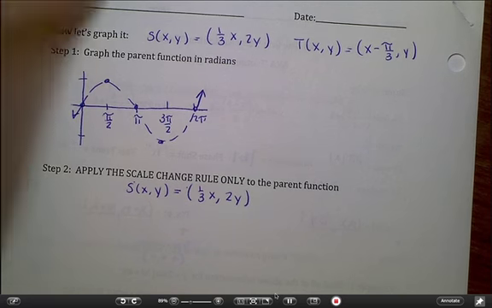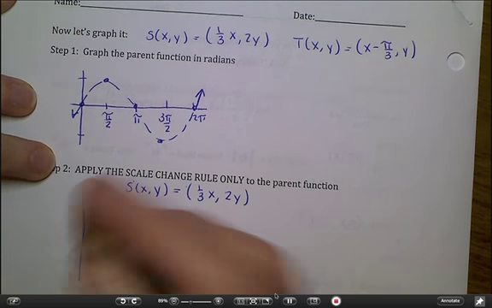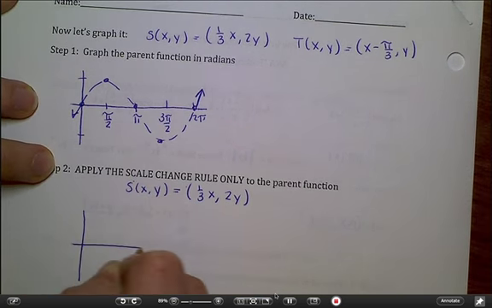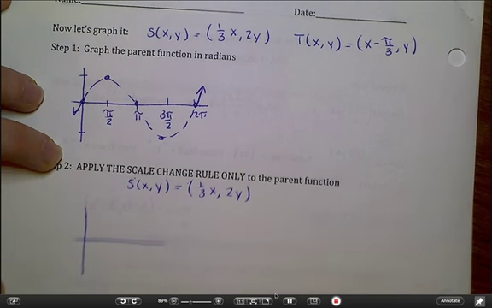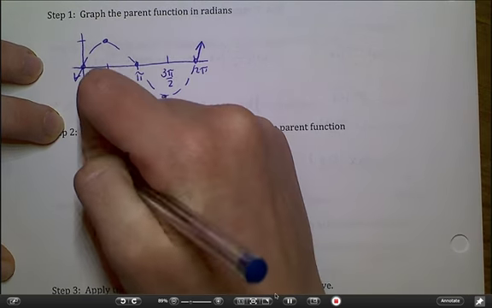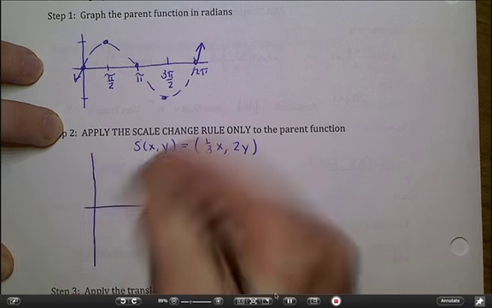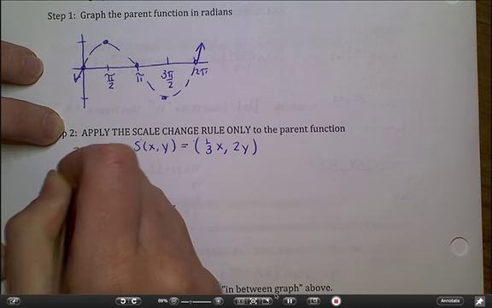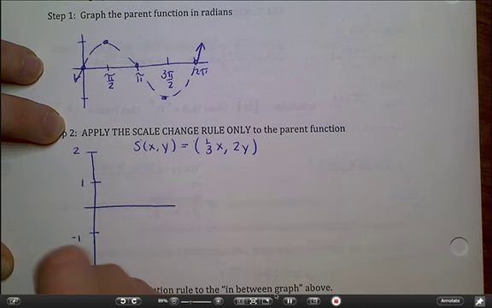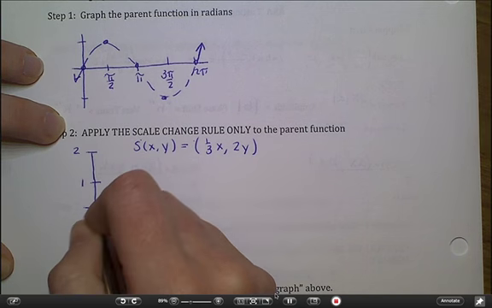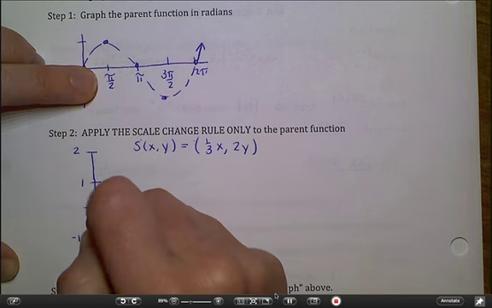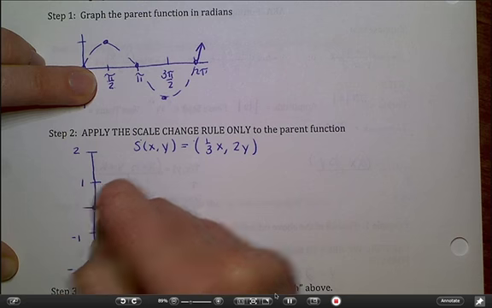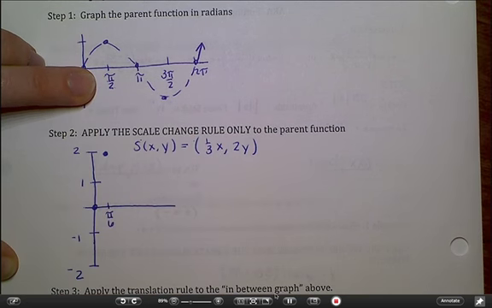So, we have to multiply our x's by 1/3. That's really going to compress that graph horizontally, but stretch it vertically with that 2y. So 0, 0 is going to stay. Pi over 2 is now going to be at pi over 6, comma 2.